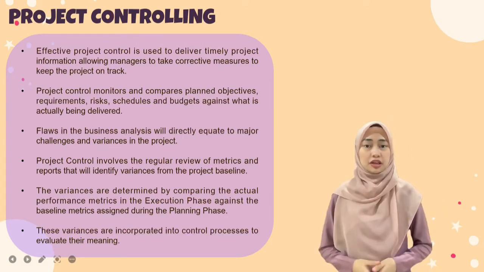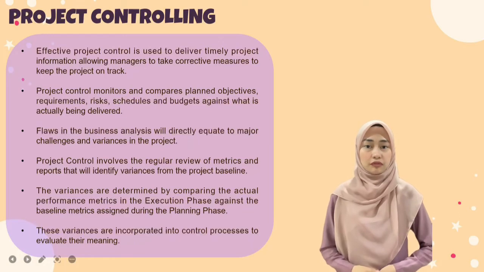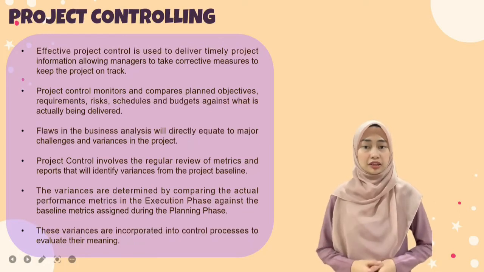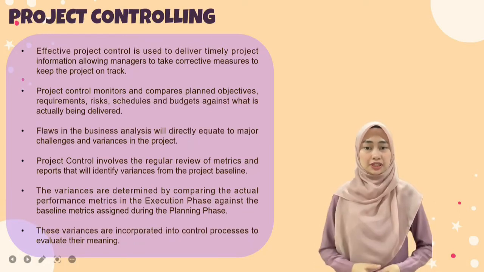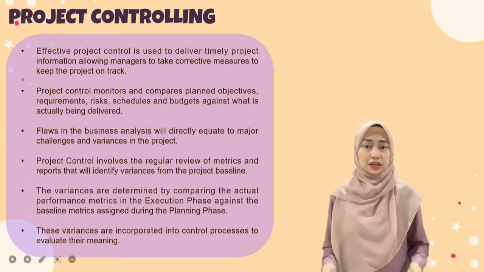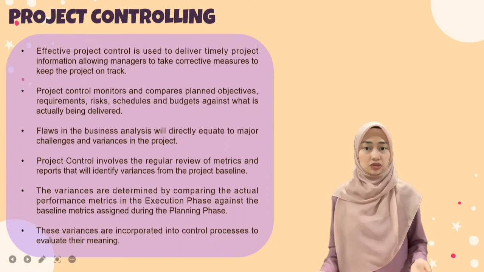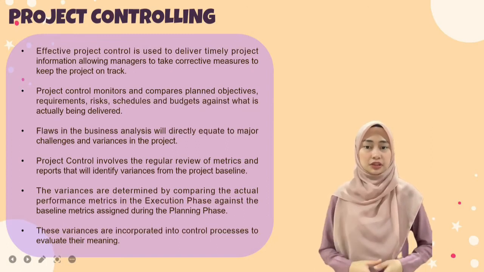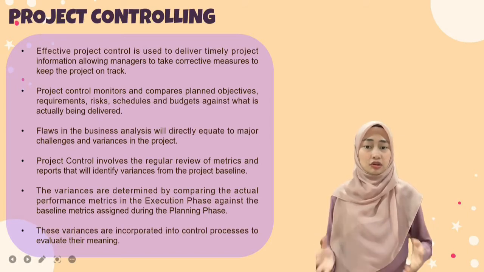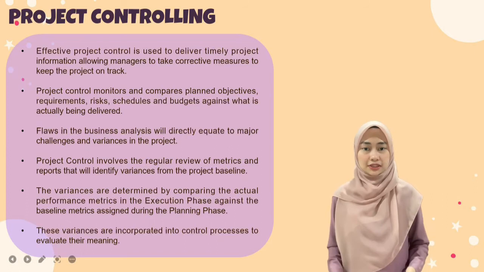Project control involves the regular review of metrics and reports that will identify variance from the project baseline. The variances are determined by comparing the actual performance metrics in the execution phase against the baseline metrics assigned during the planning phase. And lastly, these variances are incorporated into control processes to evaluate their meaning.